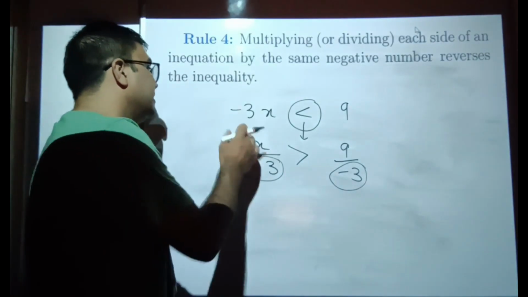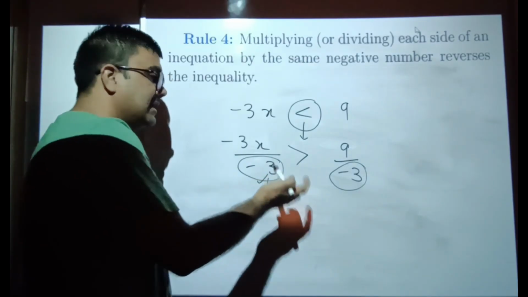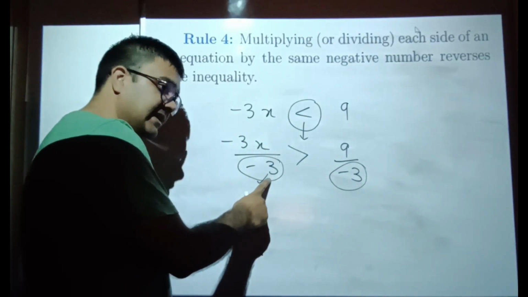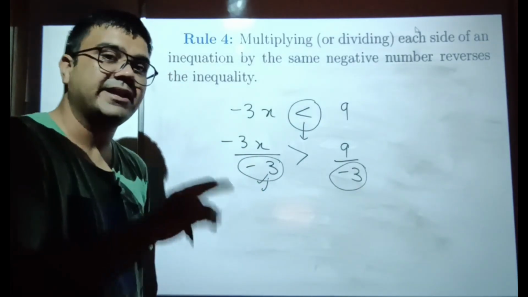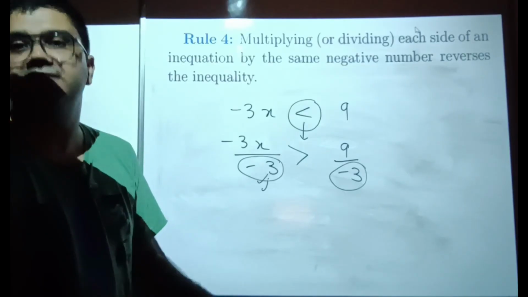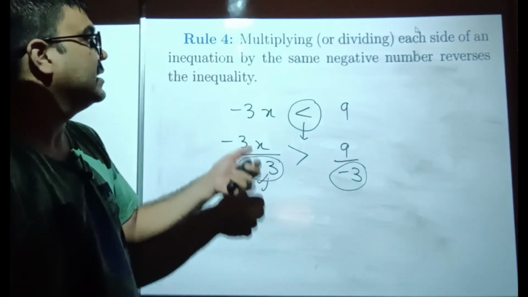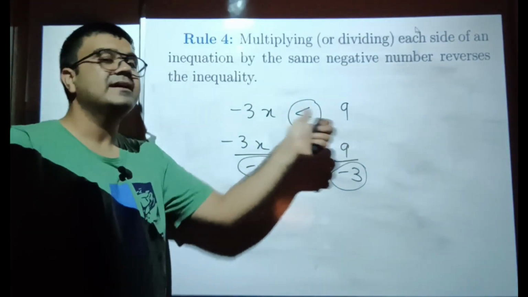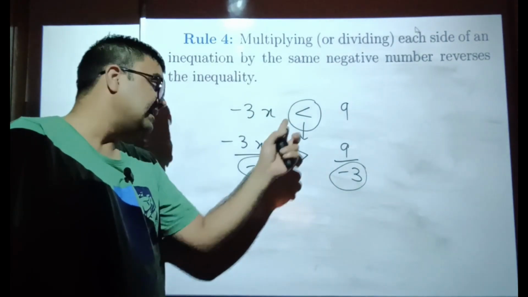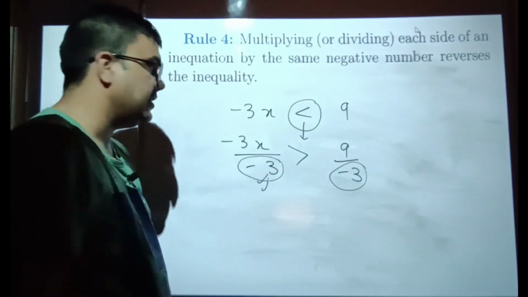I am again repeating. If the number we are multiplying or dividing both sides of the inequality by is negative, the sign changes. When we were talking about addition and subtraction, it did not matter whether the number was positive or negative, there was no change in the inequality sign. When we multiply or divide by a negative number, it will change the sign of the inequality.